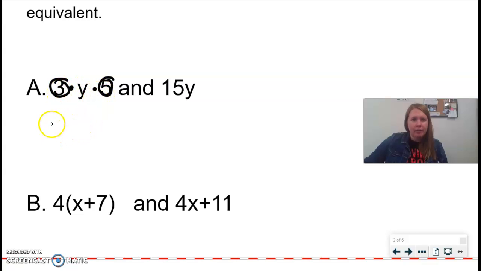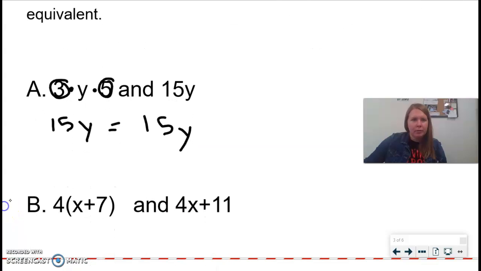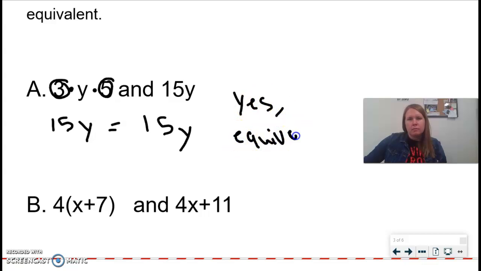So 3 times 5, yes, that does give me 15. I'd still have the y, and yes, 15y equals 15y. So really my question was, use the property to determine whether the expressions are equivalent. So I would say yes, equivalent. All right, so those two are equivalent.